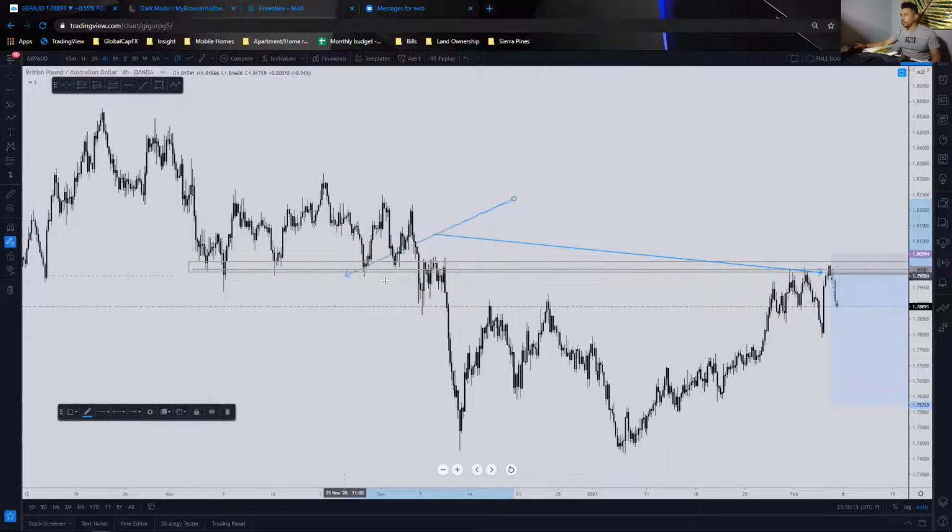And the reason why I marked up this area is because whenever price came down here and tapped it, it reversed away. Tapped it, reversed away, tapped it, reversed away, right? So imagine if you were to locate this as a horizontal level and you said, okay, I want to get into a buy position once it gets back into this region.